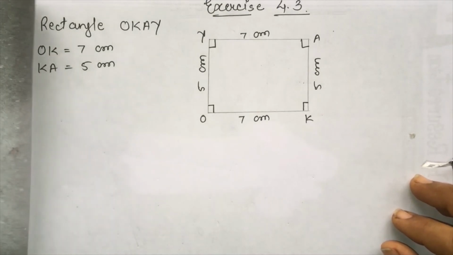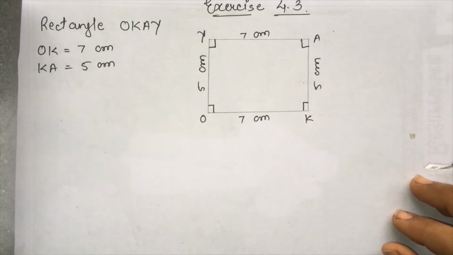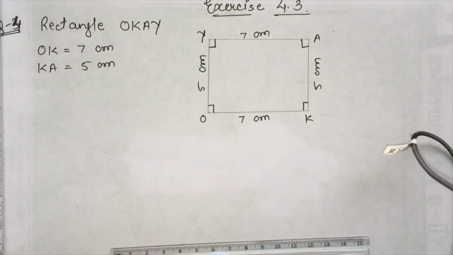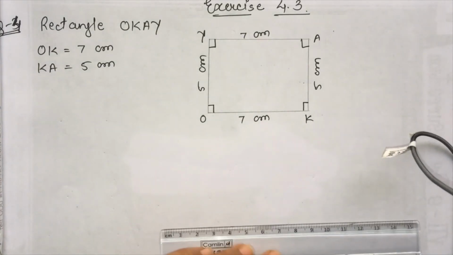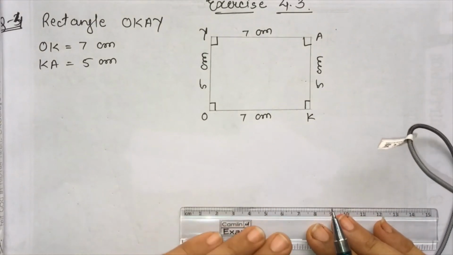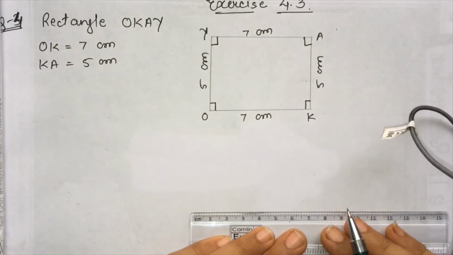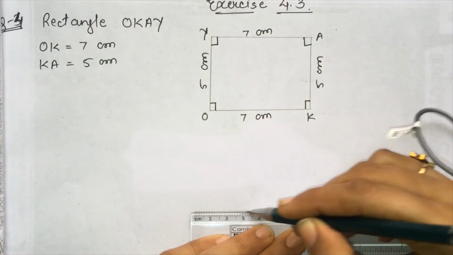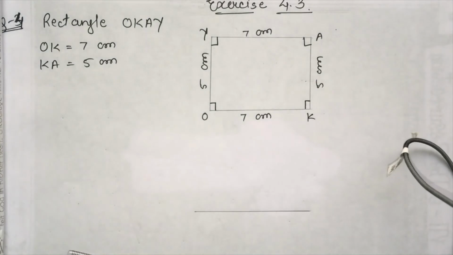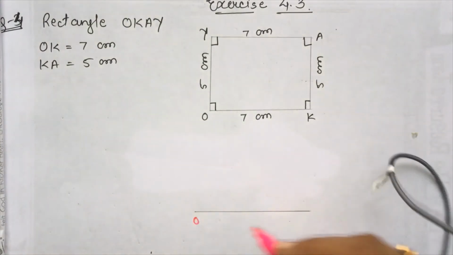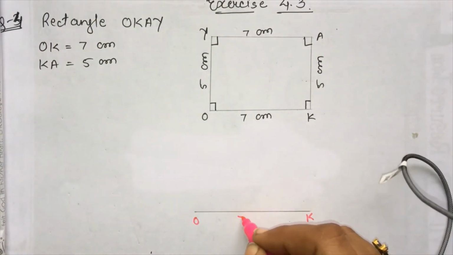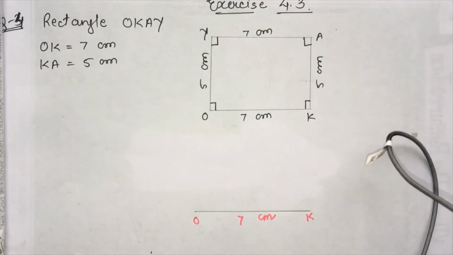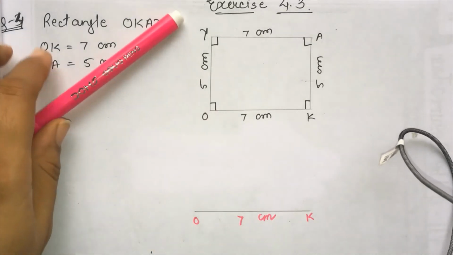For that, first we will start with line segment OK with length of 7 centimeter. So here is line segment with 7 centimeter, which I will name OK, 7 centimeter. Now we have to construct 90 degree angles.